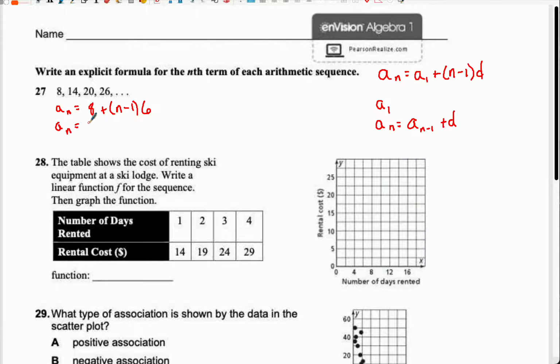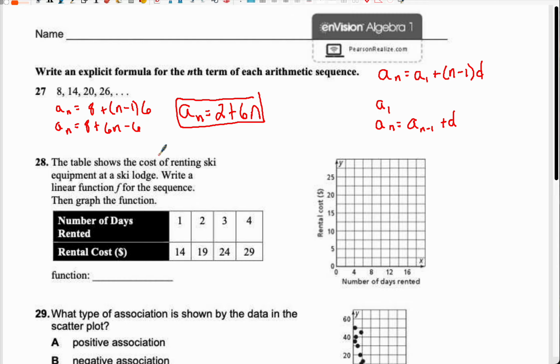A sub n equals 8 plus, we have to distribute here, so that would be 6n minus 6. And then 8 minus 6 is 2, so the final form would be a sub n equals 2 plus 6n. This is the answer I'm looking for.